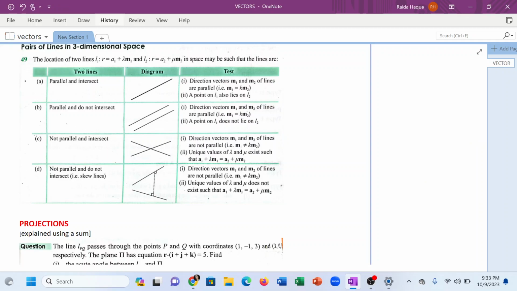However, say from the three equations you formed two sets of simultaneous equations, and the values you found of lambda and mu are not equal from both. Then they are not parallel, but since unique values of lambda and mu do not exist, a1 plus lambda m1 is not equal to a2 plus mu m2.